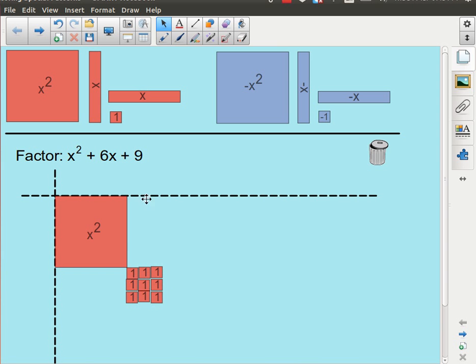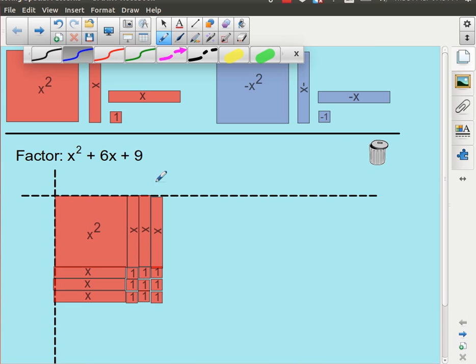And now how do I fit positive 6x into this? And it turns out that actually fits quite nicely. This is one, it's only one, but it's one of the reasons why I encourage you to go for that more squarish shape, because it causes situations like this to work out very quickly and easily. And so what do I have here?